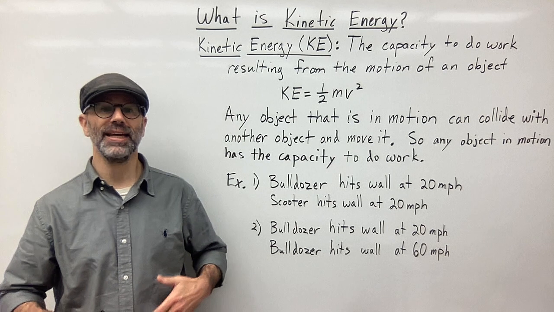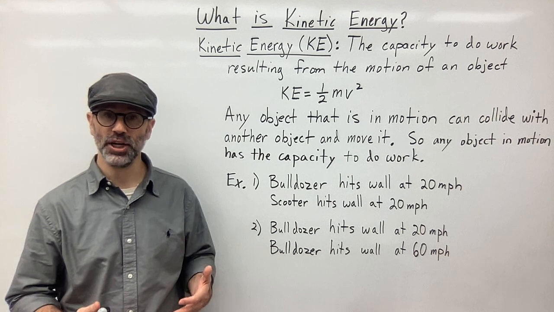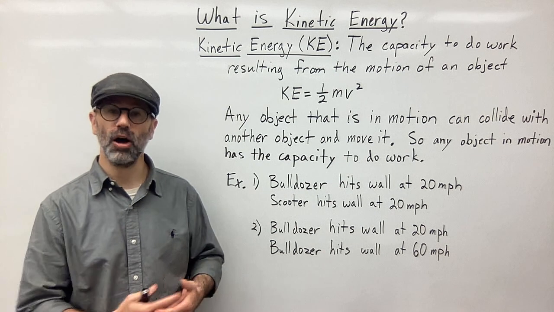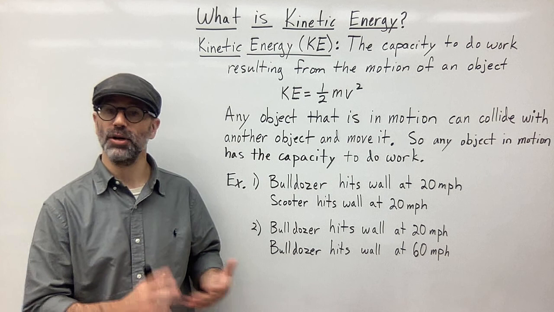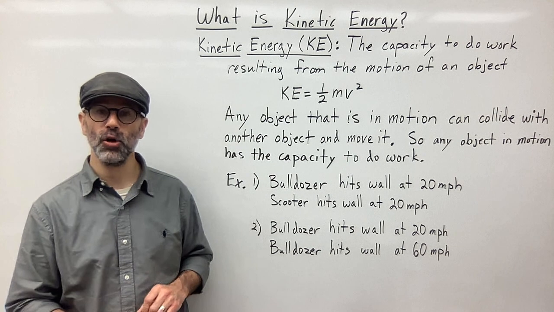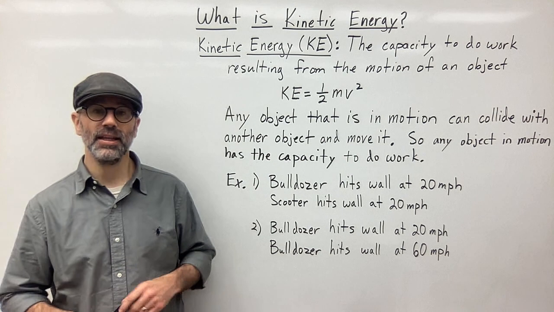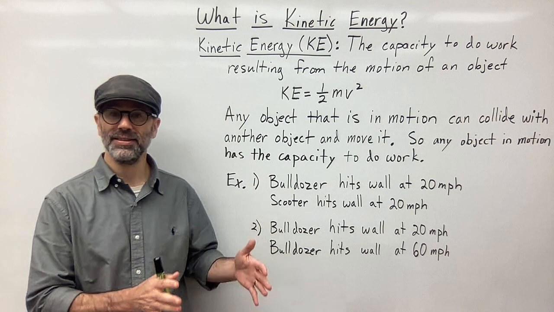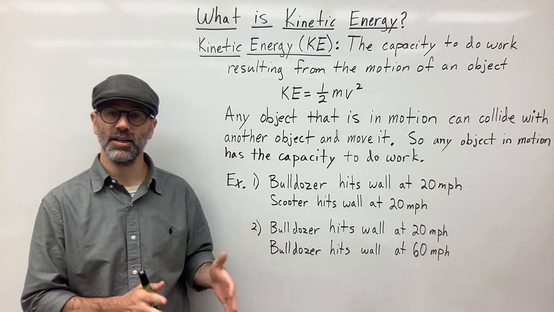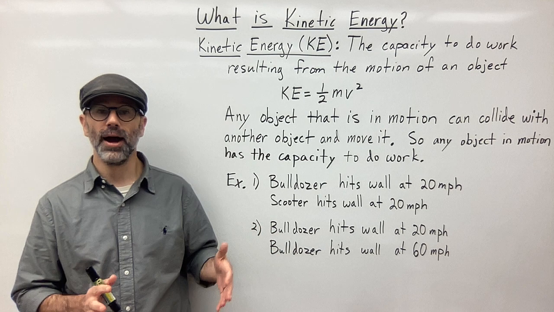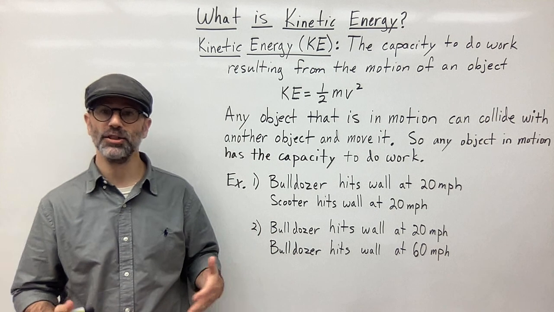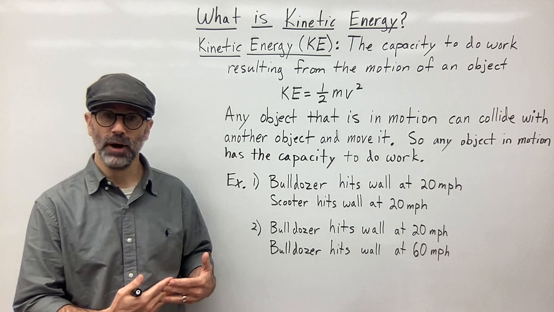Well, you get the bulldozer in motion so that it collides with the wall and knocks it down or moves it out of the way, right? So the bulldozer at rest does not have the capacity to move the wall. Why? Because it's not in motion to collide with the wall, right?